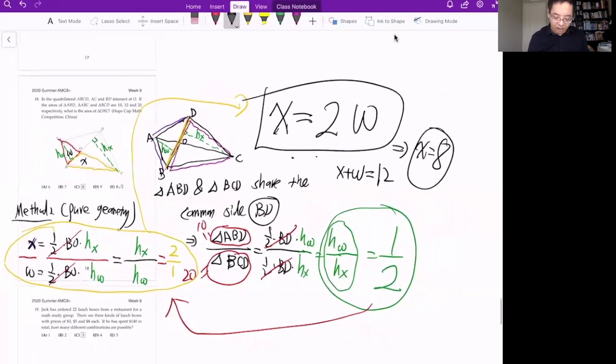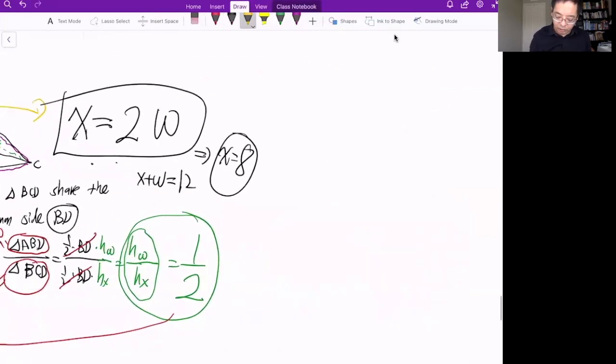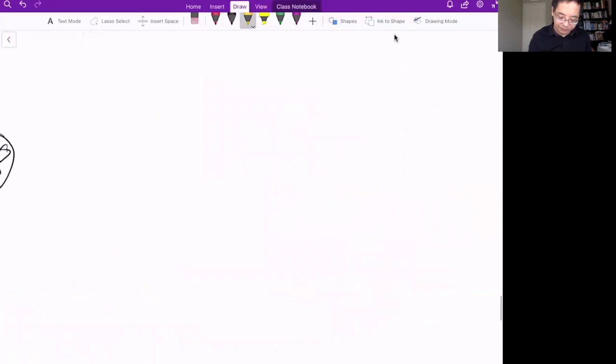All right. Before we move to the next problem, let's recall the two facts we used.